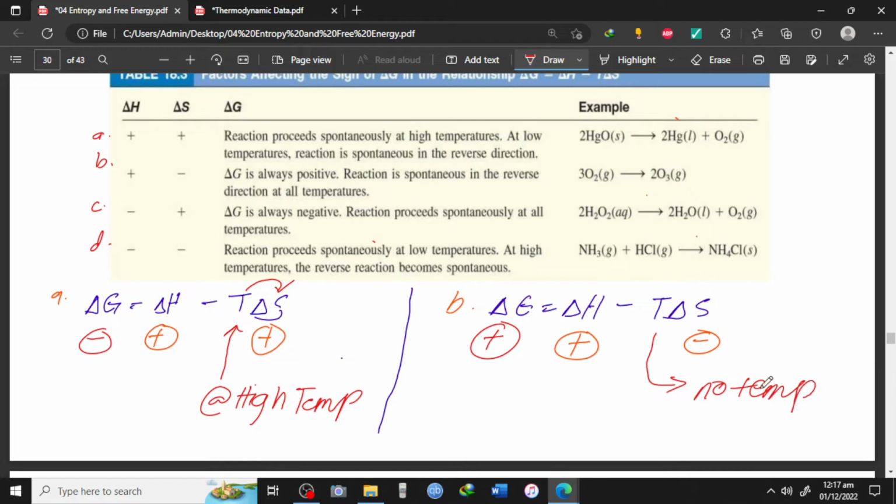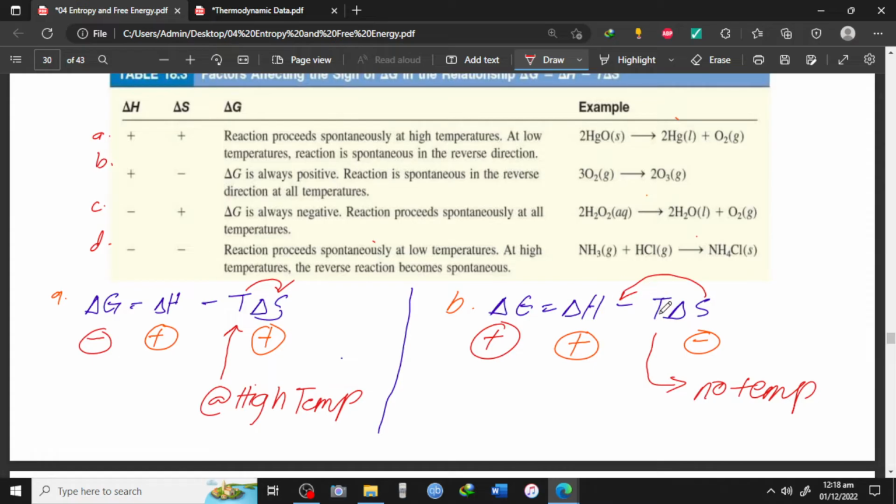Okay. So bakit no temp? Kasi as you can see, student, negative daw yung condition for entropy. So negative times negative kasi positive pa rin. So positive to, mag-a-add lang yun, o di positive din si delta G.